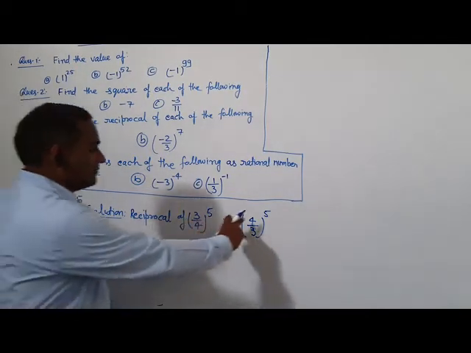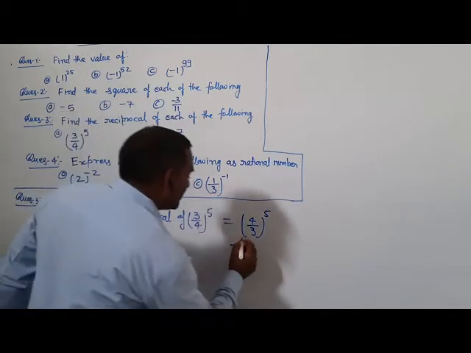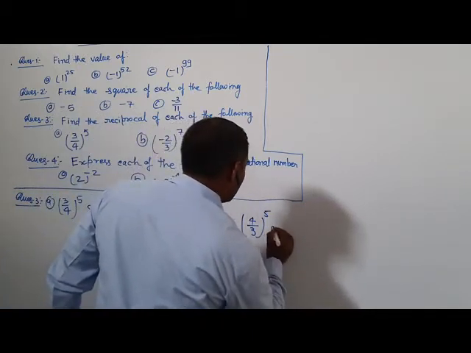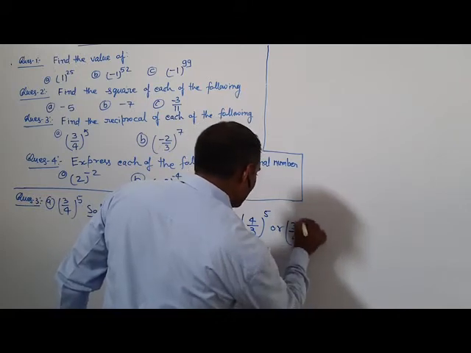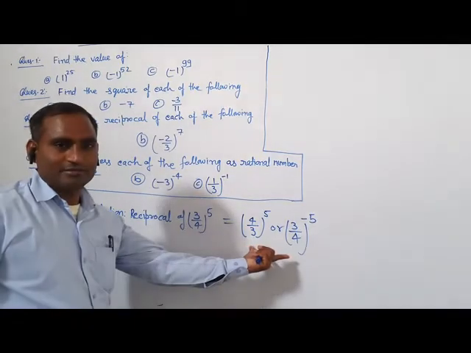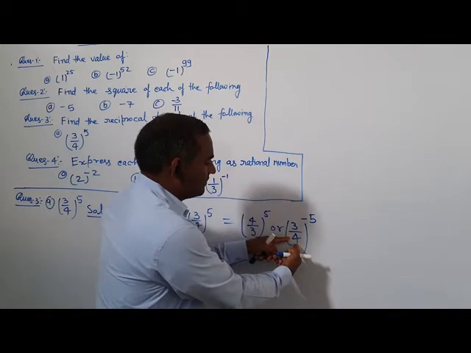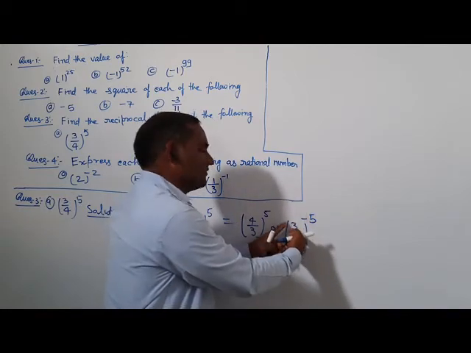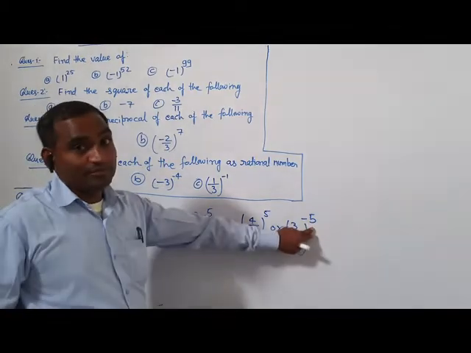If you don't like to change the numerator into denominator, you can write 3 by 4 raised to power minus 5. Both are the same. When you make it positive, numerator will be changed into denominator, denominator will change into numerator. Then it will be positive.